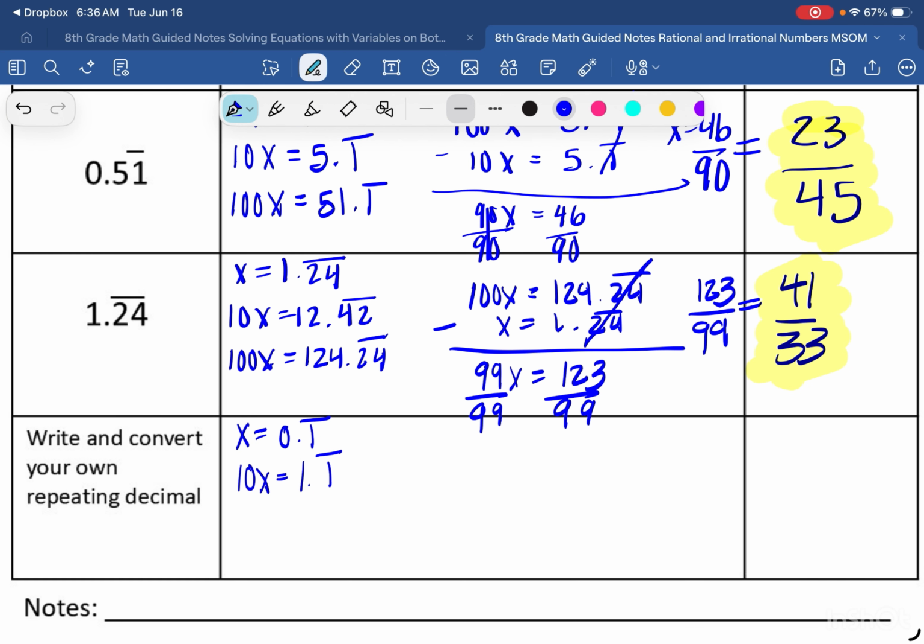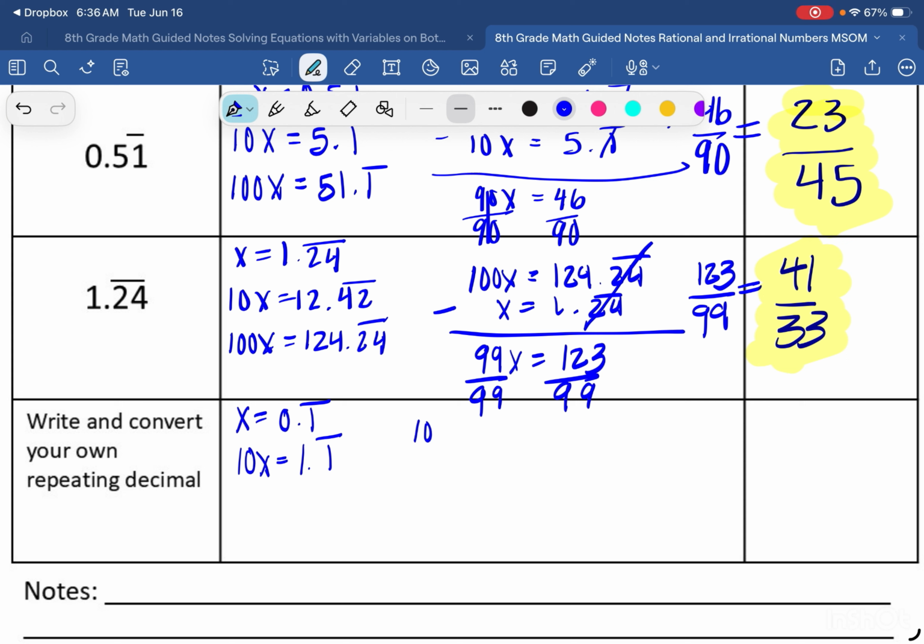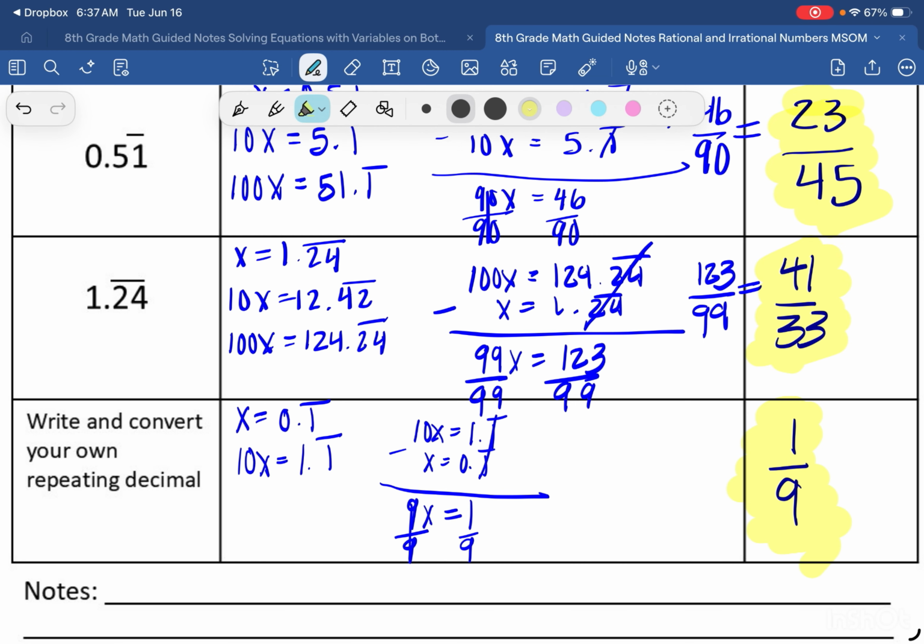So let's go ahead and subtract them. I have 10x equals 1.1 repeating, x equals 0.1 repeating. Subtract those, 10x minus x is 9x. These cancel and I get 1 minus 0 is 1. Divide each side by 9, I get x equals 1/9.